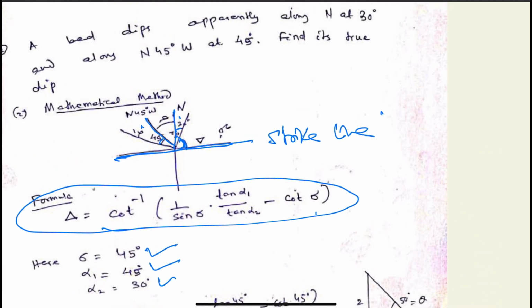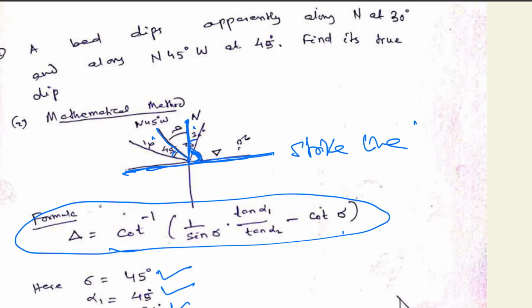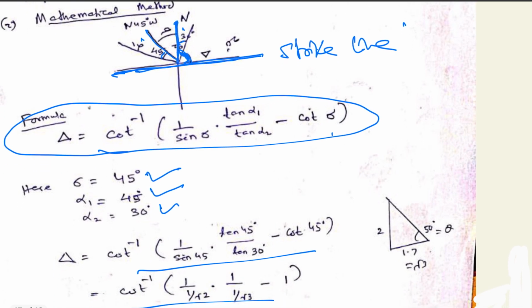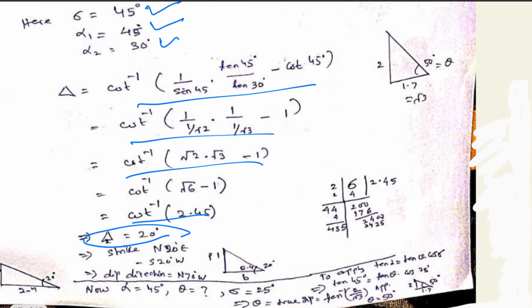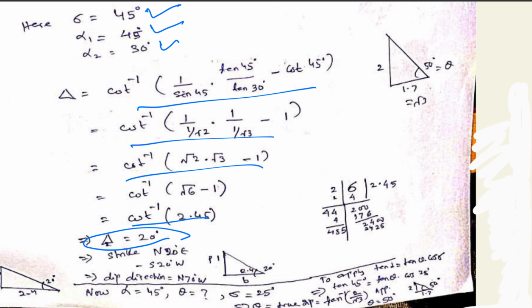This angle is the angle between one apparent direction and the strike. So first strike is along north, so it will be north 20 east. So the strike is north 20 east, south 20 west.